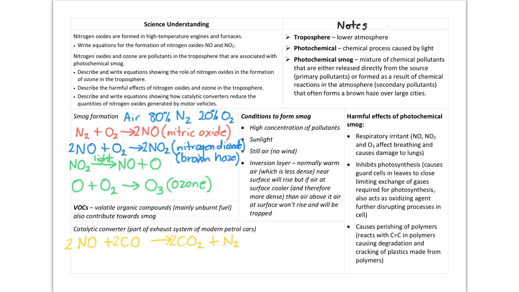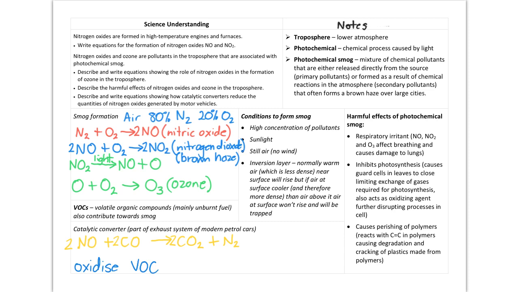The catalytic converters, though, will also react or oxidize. Oops, sorry, that's the wrong size pen. The catalytic converters will also oxidize some of the volatile organic carbon, so some of that unburnt fuel will get oxidized so that it doesn't get released out the back of the exhaust pipe.